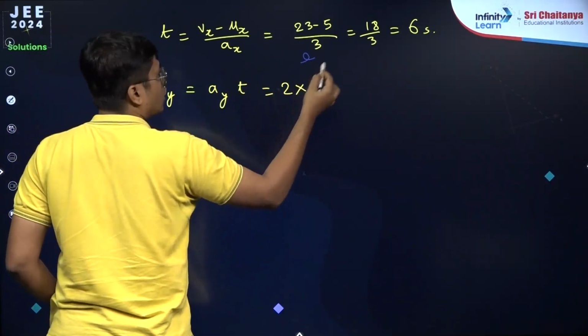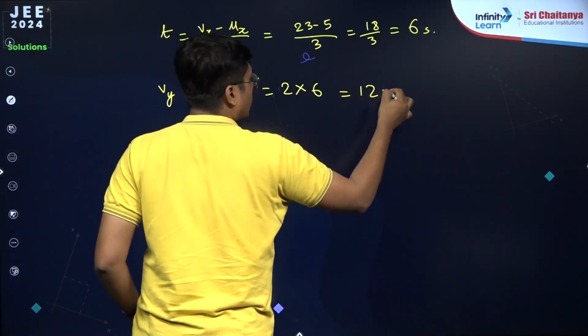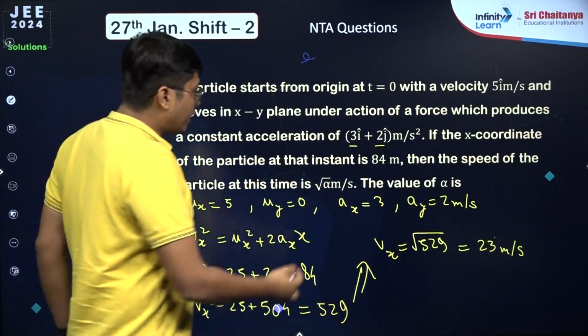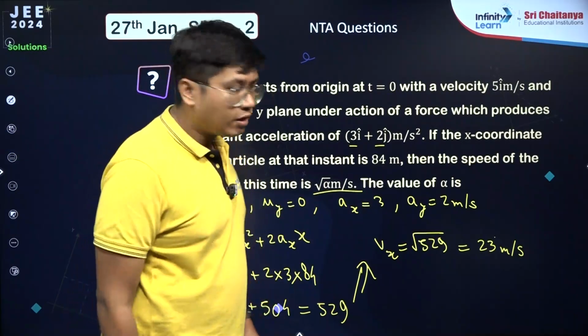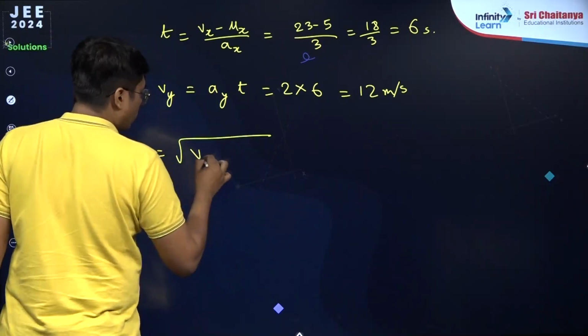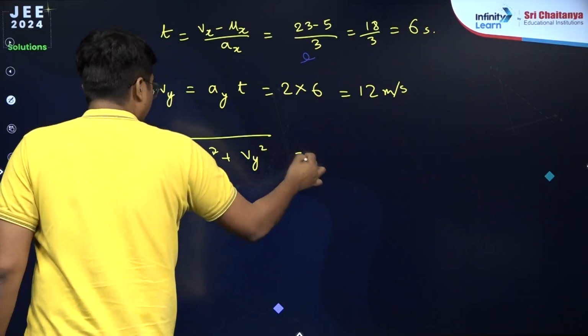That is 2 into 6, Ay was 2, that is 12 meters per second. So the final resultant velocity, V, is equal to root over of Vx square plus Vy square.